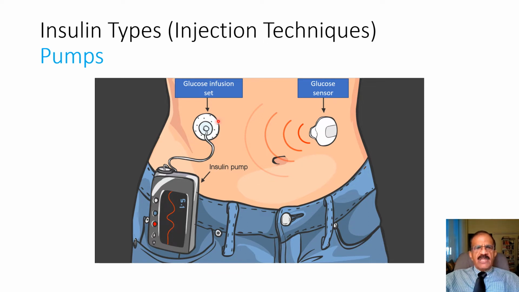And this is the cannula. It injects insulin into the subcutaneous tissue at a very, very slow rate. What rate? That is guided by this glucose sensor. And there is a small needle in there. It senses glucose from the subcutaneous tissue, and then based on the glucose level, it sends a signal to this device how much insulin to be injected.